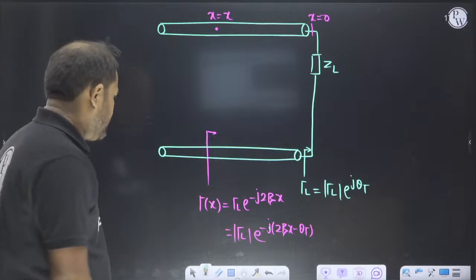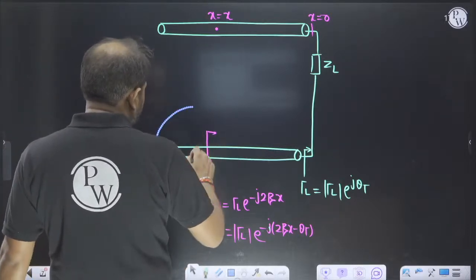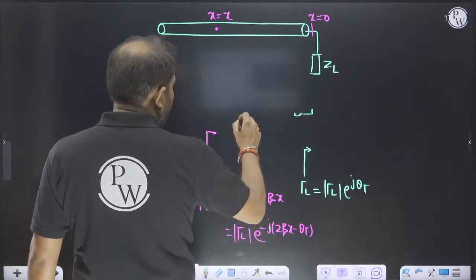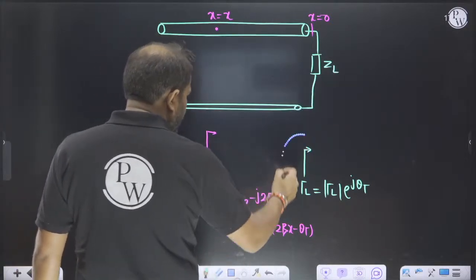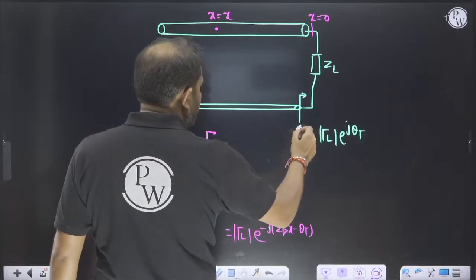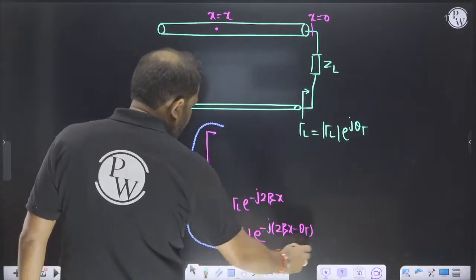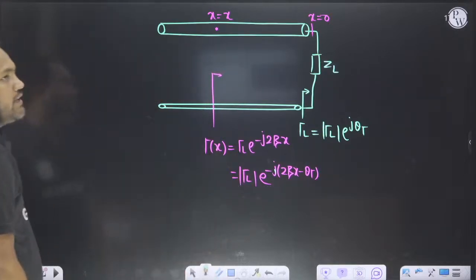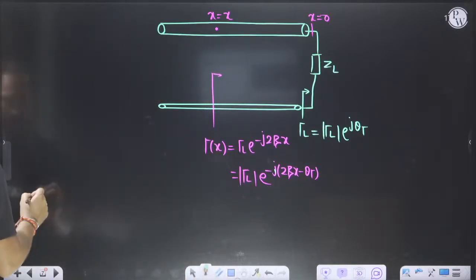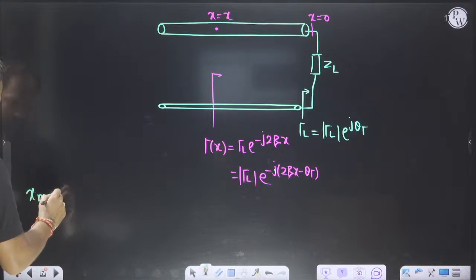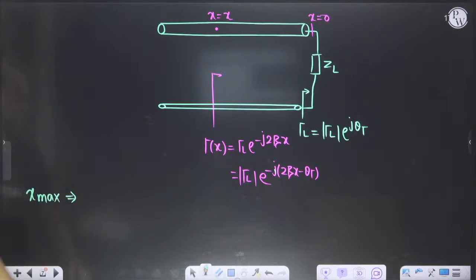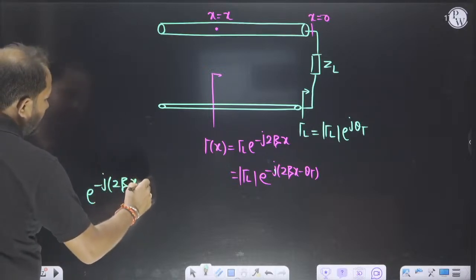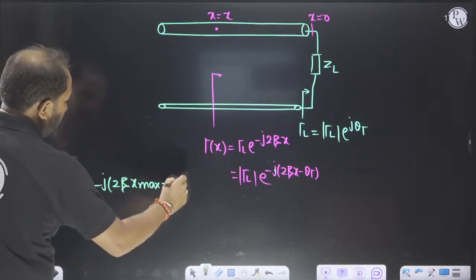So plus 1 and minus 1 will be calculated by considering that the value of x will change, and so the phase term e to the power j theta gamma x will also change. At x equal to x max, e to the power minus j 2 beta x minus theta gamma will be plus 1.